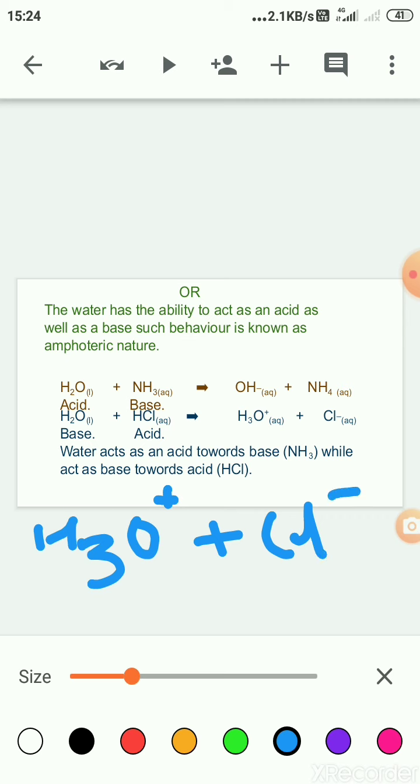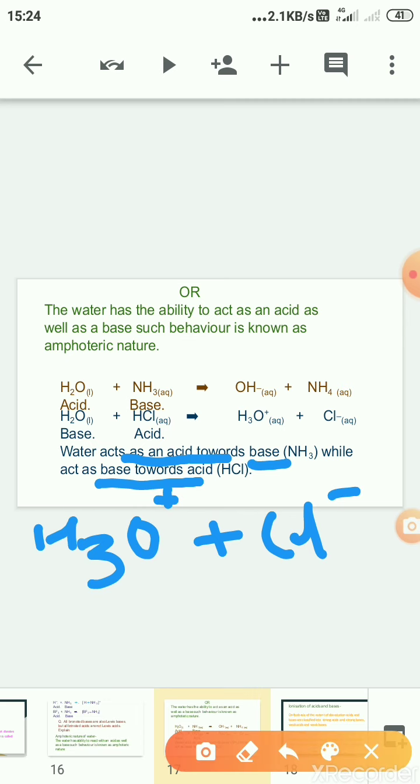So water acts as an acid towards bases like ammonia, potassium hydroxide, sodium hydroxide, and it acts as a base towards acids like HCl, H2SO4, HNO3, etc.